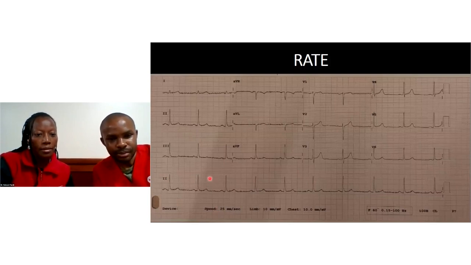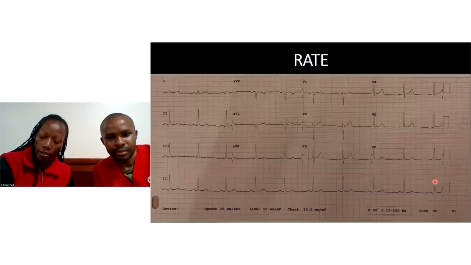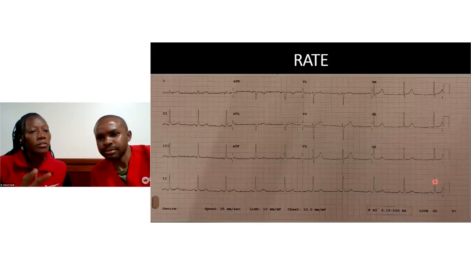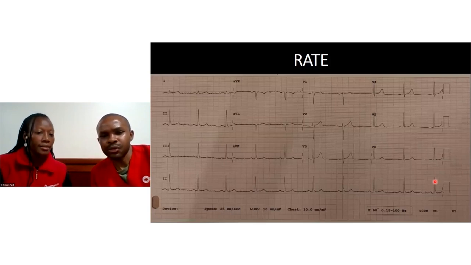So 1, 2, 3, 4, 5, 6, 7, 8, 9, 10. So you multiply by 6, and you get your heart rate at 60. So the number of QRS complexes therein, you multiply that by 6.